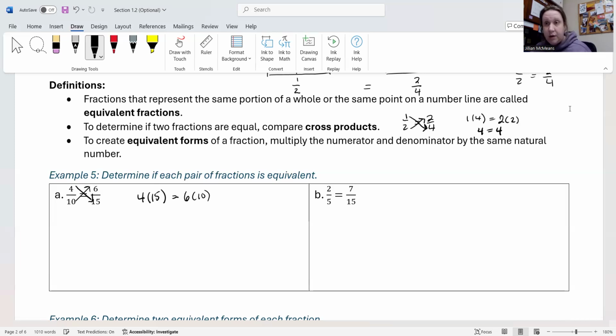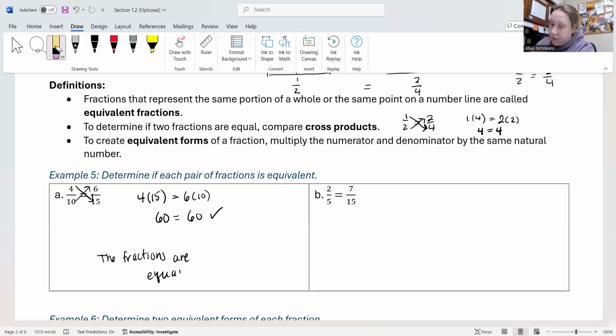Well, you may need a calculator, so get a calculator out if you need one. I happen to know that 4 times 15 is 60. I also know that 6 times 10 is 60. 60 and 60 are equal, so those cross products are equivalent, so the fractions are equal. So the fractions are equivalent.